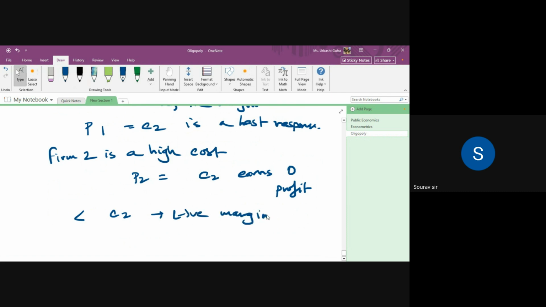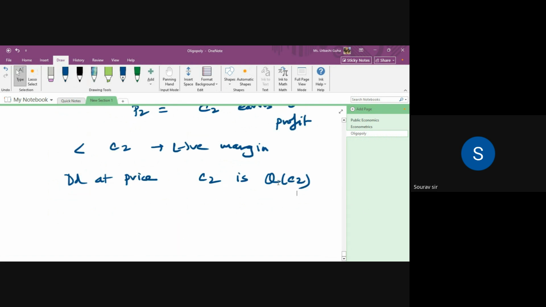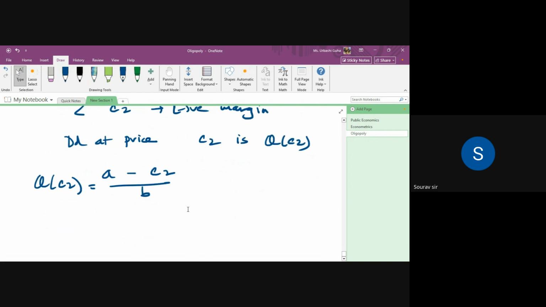Okay. So deviating up. Now, if I talk about quantities and profit, there is linear demand. So demand at price C2 is what? Q of C2 looks like A minus C2 by B. Okay, the equation was there, A minus BQ.